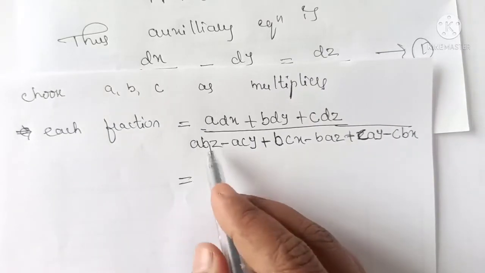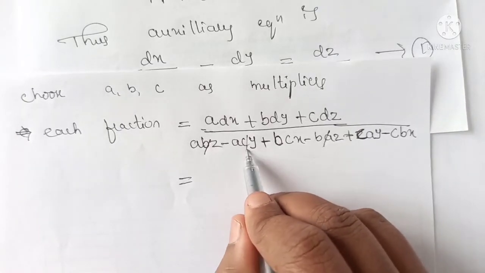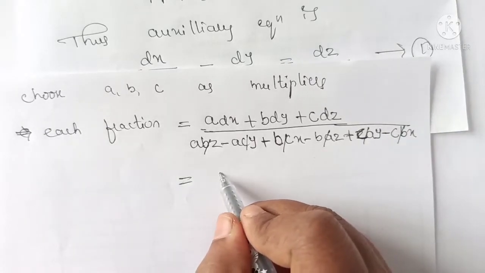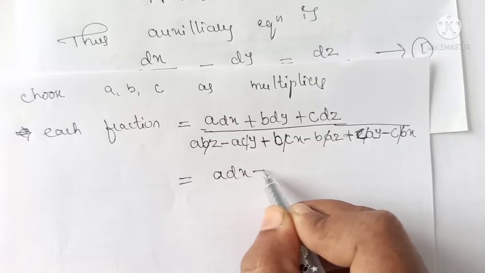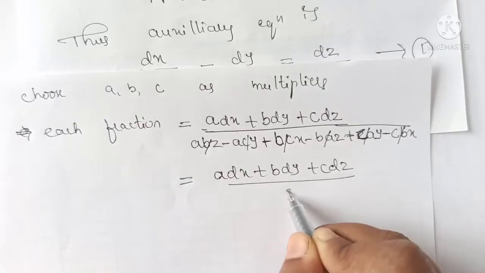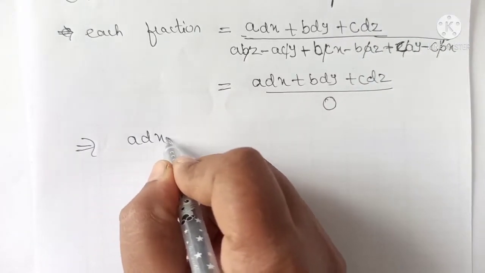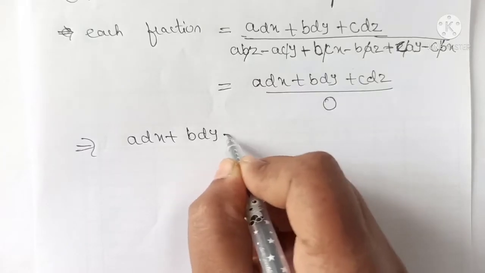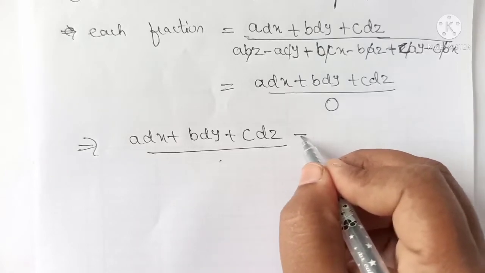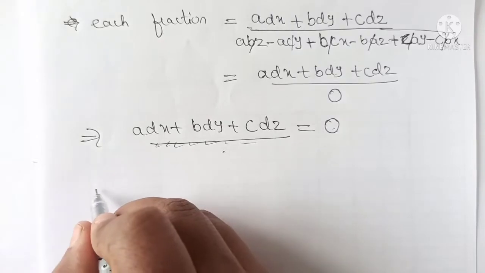You can observe that all the terms in the denominator get cancelled, so we get a dx plus b dy plus c dz divided by 0, which simply equals 0.